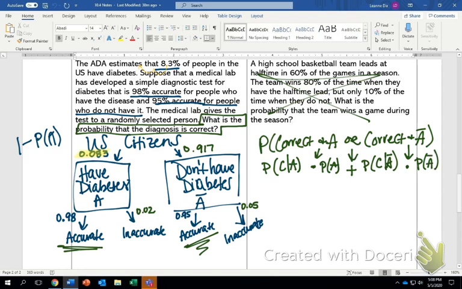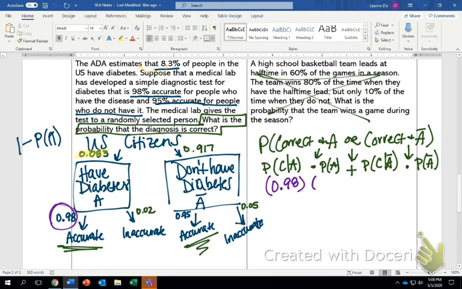And now I can plug in all of the pieces that I need. I'm going to change my color so we can see that a little better. The probability of it being correct or accurate given that the person has diabetes is 0.98.